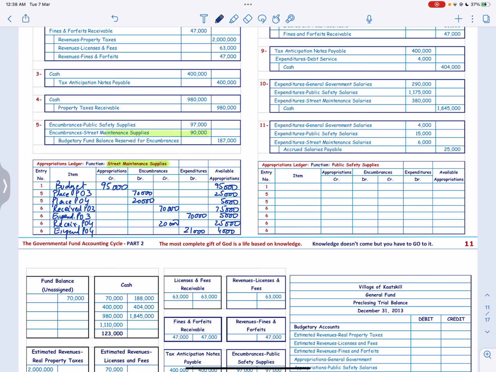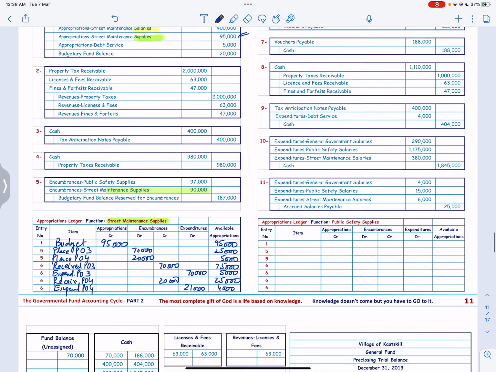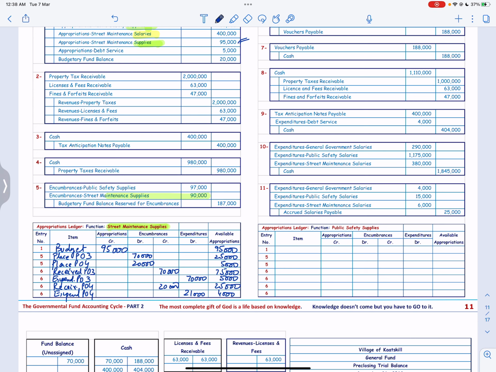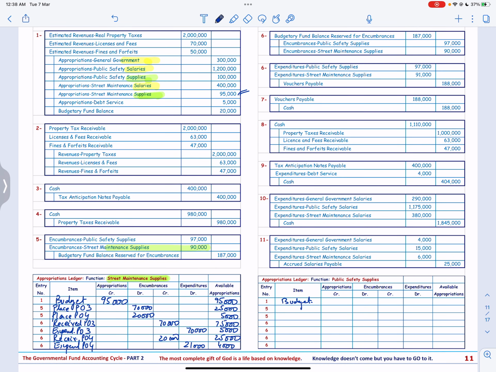Next, we prepare the appropriation ledger for public safety, and for public safety again we have the budget, and the budgetary amount is 100,000. As a matter of fact, we should have prepared the public safety supplies first and then the second, but it doesn't make a difference over here.